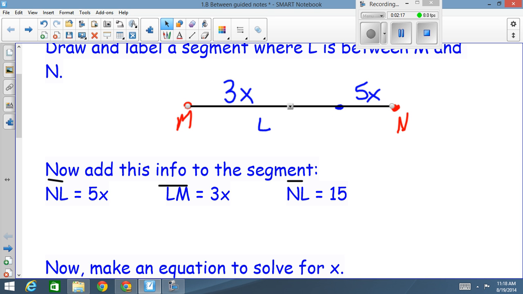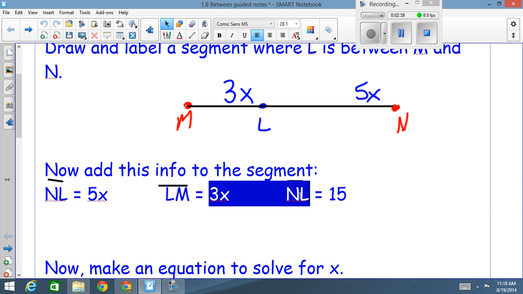If it'll let me. There we go. So point L is in between M and N, and now I'm labeling those. ML is going to be 3x. LN is going to be 5x, and I have a little typo here that I'm going to fix. I don't want LN to be 15.